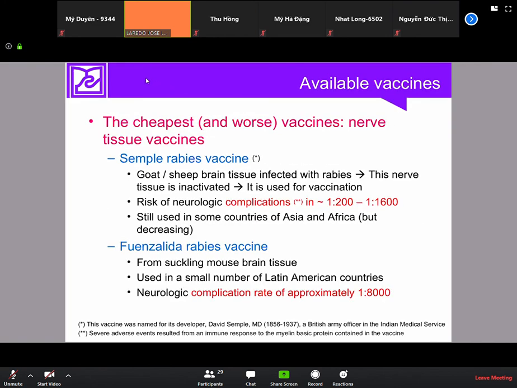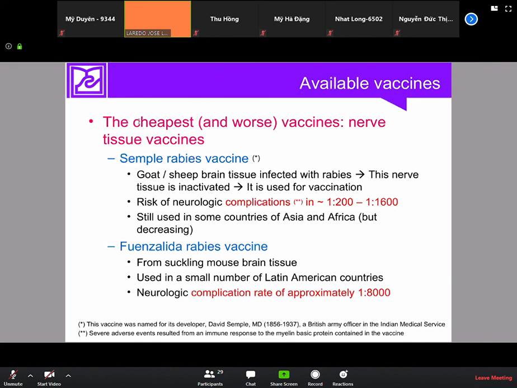So what about the prophylaxis? Okay, we have vaccines. These vaccines are used in humans for post-exposure prophylaxis, not for pre-exposure prophylaxis. When I teach this class every year about the vaccines, I classify the vaccines into two different groups.